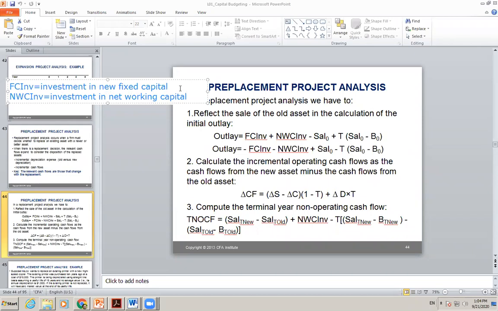There are some formulas given here, like SAL0 and B0. What do those things mean here? SAL0 refers to cash proceeds or salvage value from the sale of the old equipment.